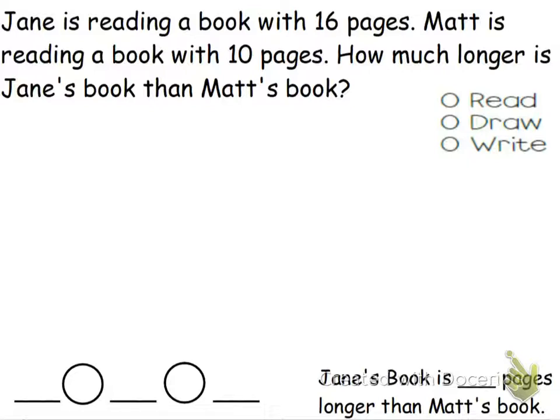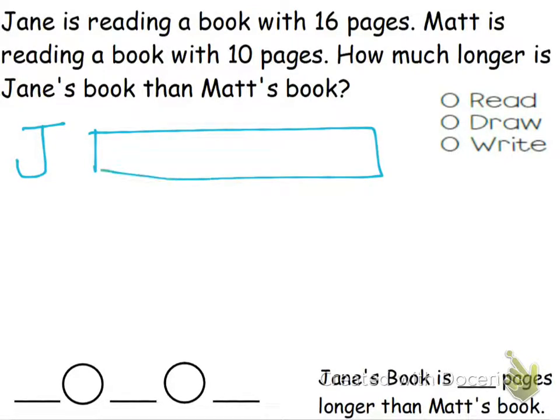Well, this one's a little bit different, because it already tells us how much each person has. We have to figure out how much longer one book is from another. So let's chunk it. Jane is reading a book with 16 pages. So I'm going to put a J for Jane. This is my 16. Matt is reading a book with 10 pages. So I'm going to make an M for Matt.